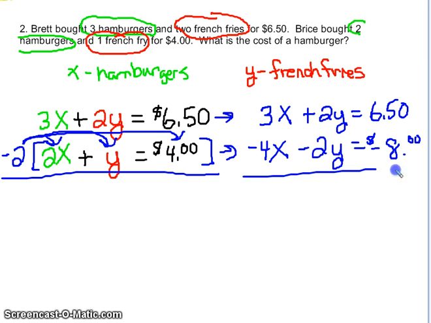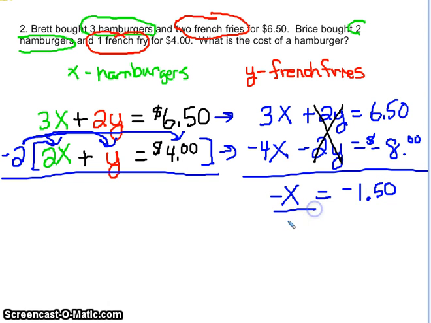And if we add these together, a +3x and a -4x does give me -x. We get our y's to cancel out, or our French fries to cancel out. And all of that's going to equal 650 minus 8, which is -150.